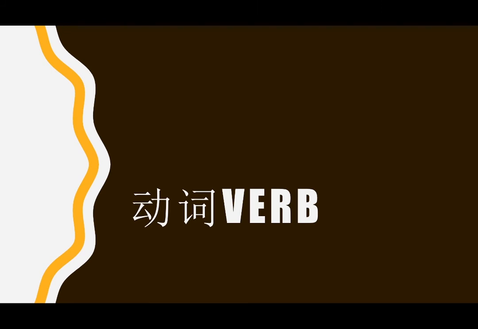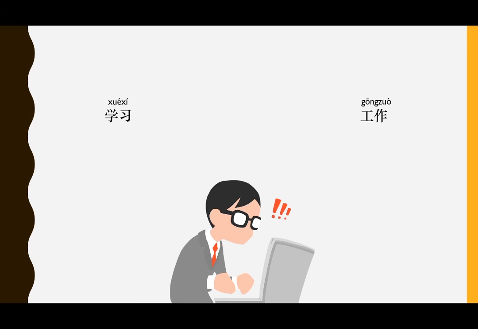Okay, let's come to the last part, 动词, verb. The verbs we have learned before all contain just one character. These two verbs contain two. 学习, 工作, which mean study and work. Now please read after me. 学习, 工作.